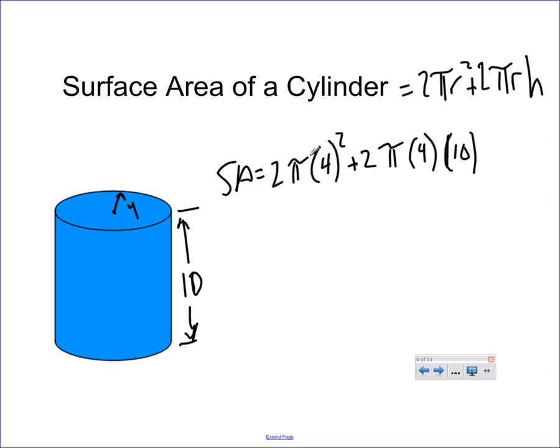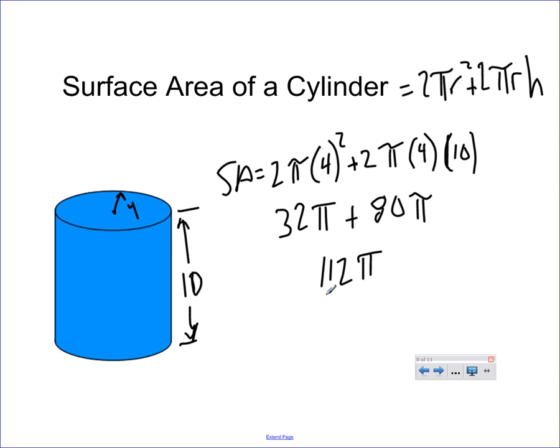Just substituting all those values in. So 4 squared is 16. 16 times 2 is 32. So I have 32 times pi. Over here I've got 4 times 10 is 40. Times 2 more is 80. Plus 80 pi. Add those together, I think I get 112 pi.